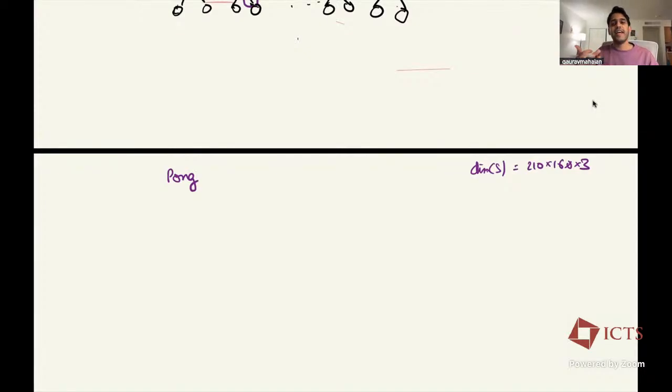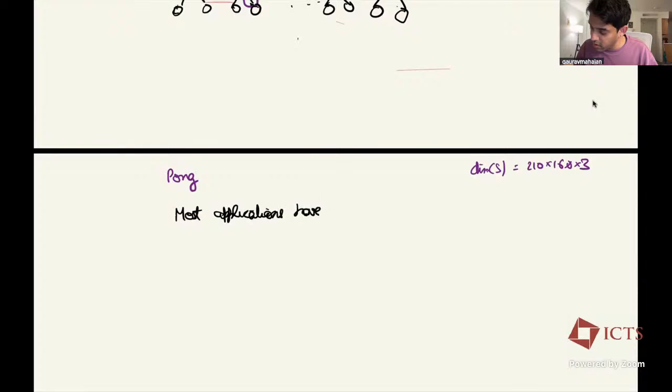It seems like most applications that we have have some kind of structure in them, in the sense that they are not really following the asymptotics of this worst case instance.